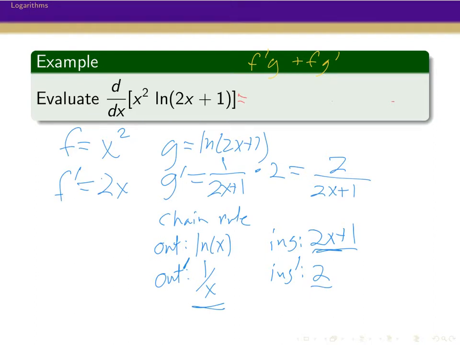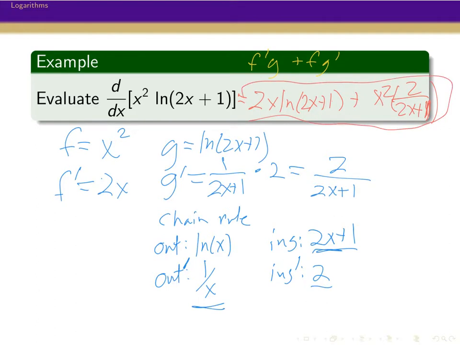F prime is 2x times g, natural log of 2x plus 1, plus f is x squared times g prime, 2 over 2x plus 1. And there's our answer. Okay, so 2x times natural log of 2x plus 1 plus x squared times 2 over 2x plus 1.